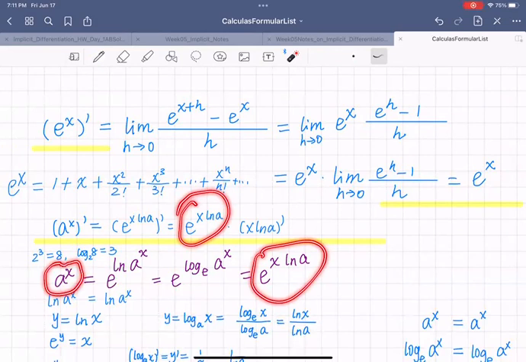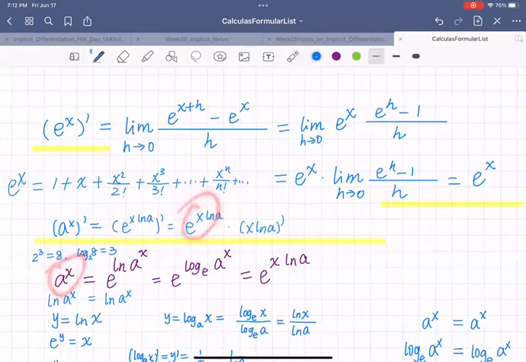It's ln a, right? So you will replace this guy by here. And then this guy, x times ln a, is just like x times 3. The derivative will be 3. Okay? So you copy down this. That's the formula.